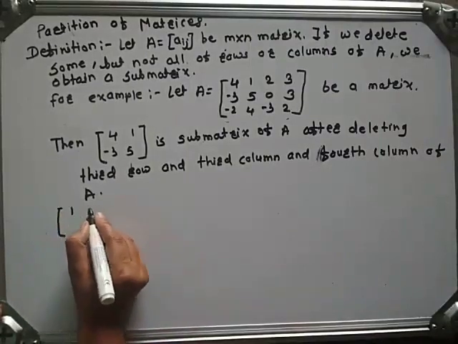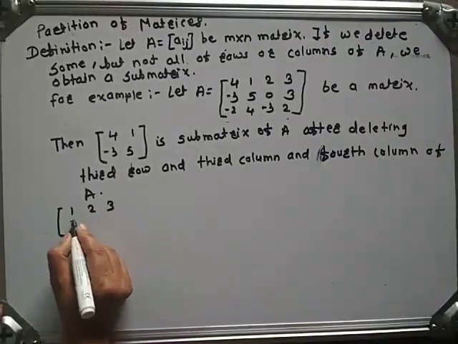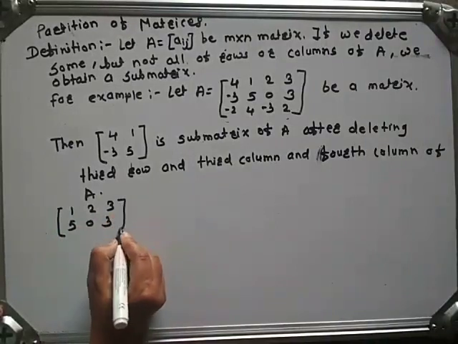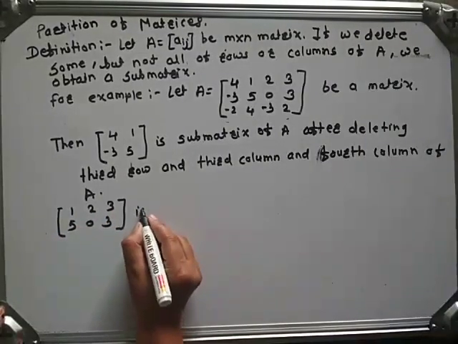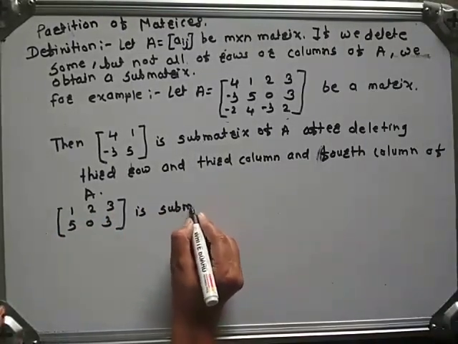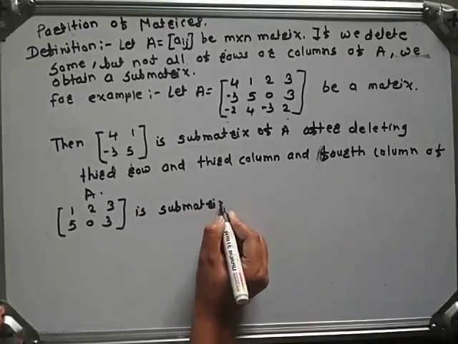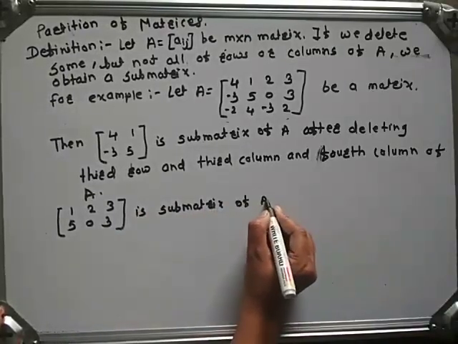Next, suppose matrix 1 2 3 5 0 3. It is also a submatrix of A. How is it obtained?